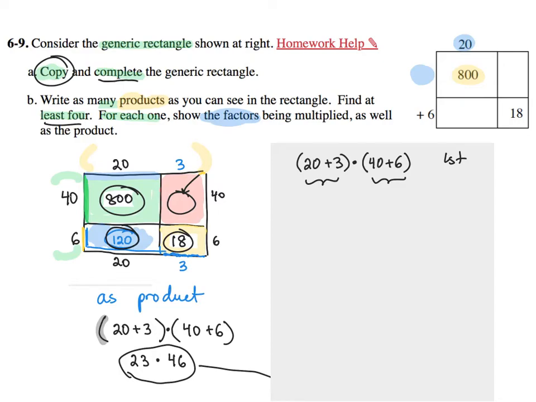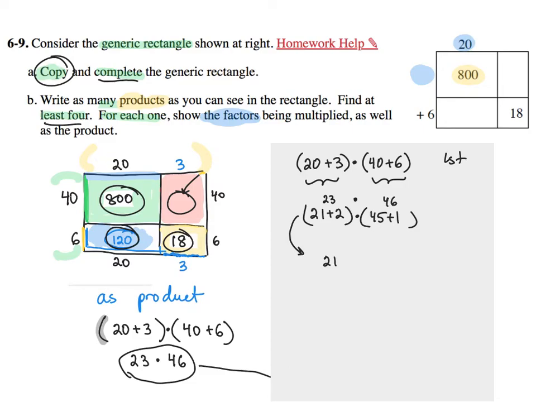Sure, I can write 21 plus 2, that will give me 23, right? Times, and what will give me 46, right? I can write 45 plus 1. So that's still going to be the 23 times 46 representation, but now I want to do a generic rectangle for what I wrote.